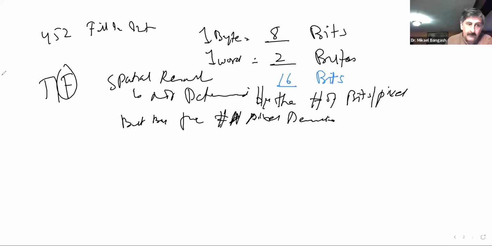The greater the pixel density, the better the spatial resolution; lower pixel density, poor spatial resolution. But the number of bits is going to determine your contrast resolution.